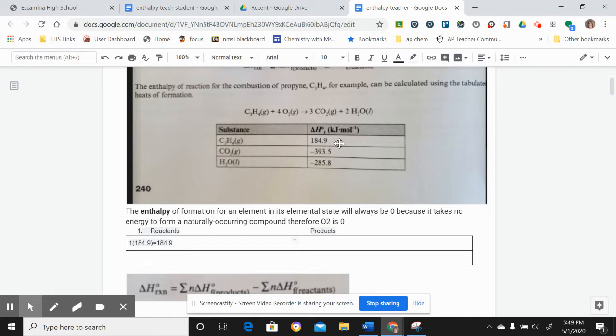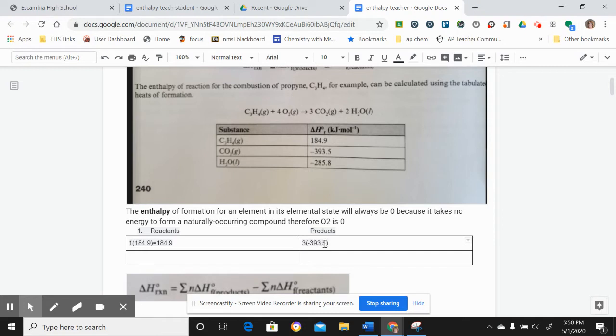My product side, I have how many carbon dioxides? I have 3 of them. So I'm going to take 3 times. And what is carbon dioxide? We have to make sure we look at the states of matter too. So sometimes you'll be given the gas, liquid, solids, and you got to make sure you choose the correct one. And so the gas here for CO2 is negative 393.5.